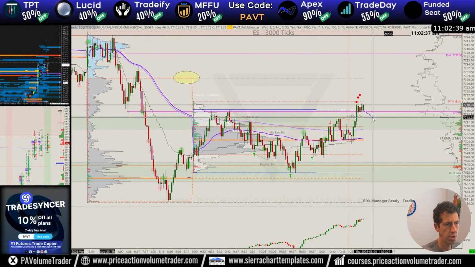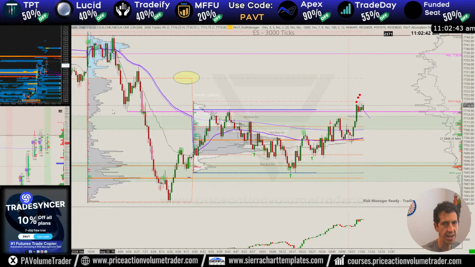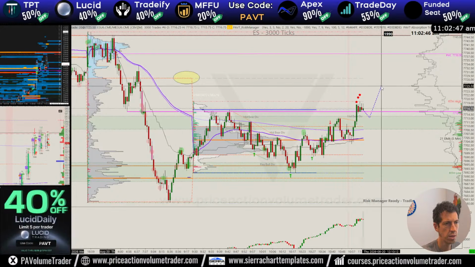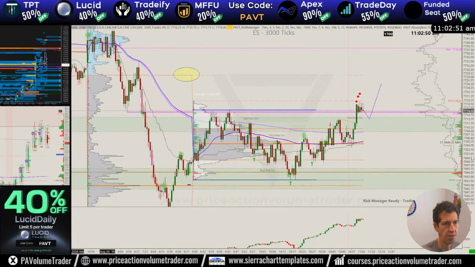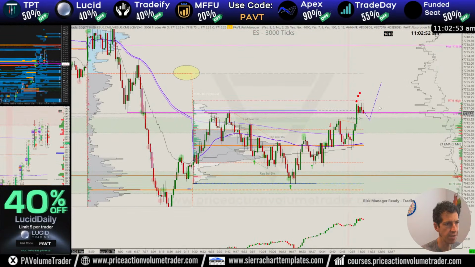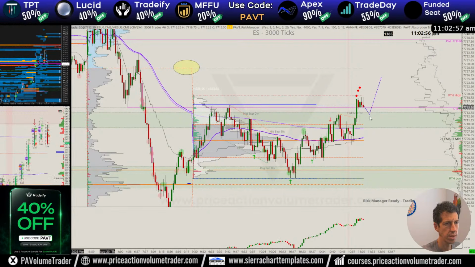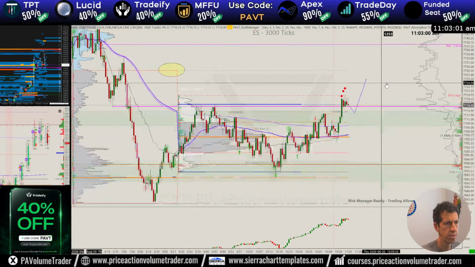I will look for a retest here. We are holding right at this spike from the overnight. But now I will look for a pullback into this low volume node area, like 77.14, and then look for a bounce from that area there.